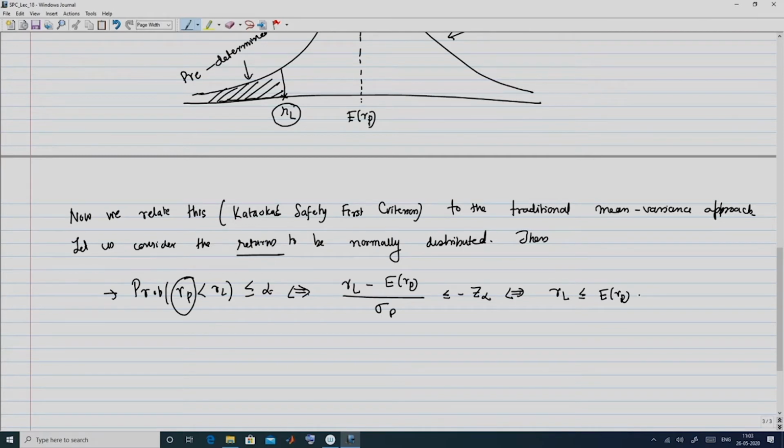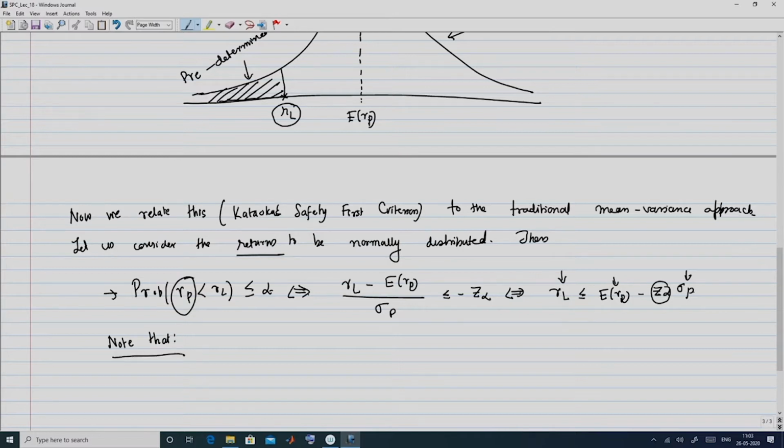So from here I get RL less than or equal to E of Rp minus Z alpha into sigma p. Now, of course, I have already specified what RL, E of Rp and sigma p are, but I have not specified what is Z alpha. So let me just specify what is Z alpha.